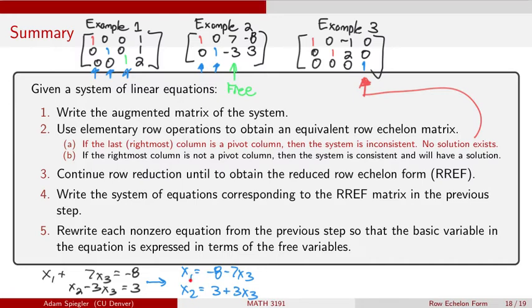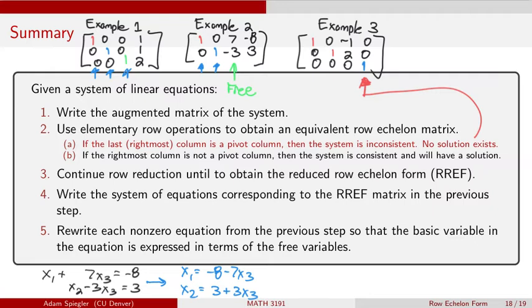So this would have a solution x1 is equal to minus 8 minus 7x3, x2 is equal to 3 plus 3x3. In here we have an infinite number of solutions. For any value of x3 that I pick, we can figure out what the corresponding x1 and x2 values would need to be.